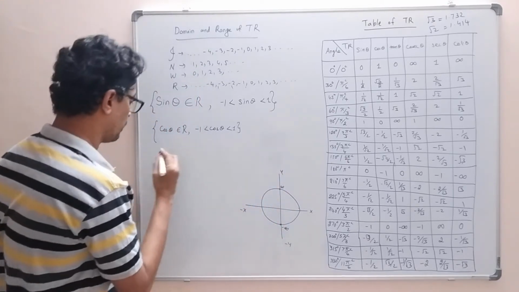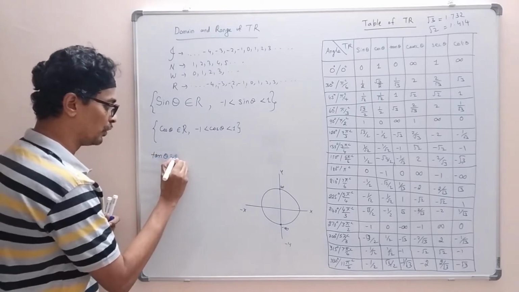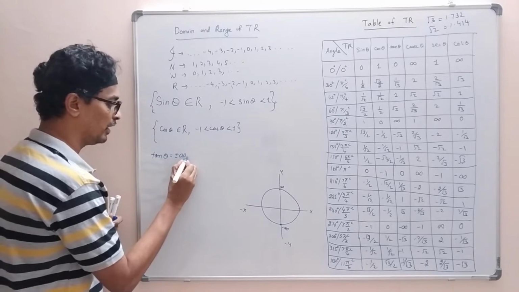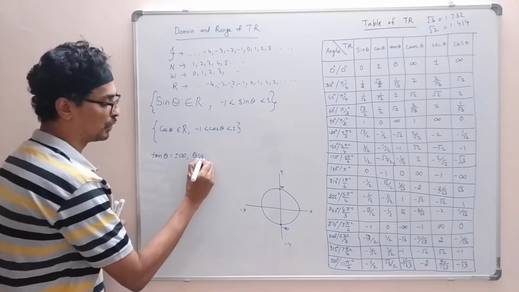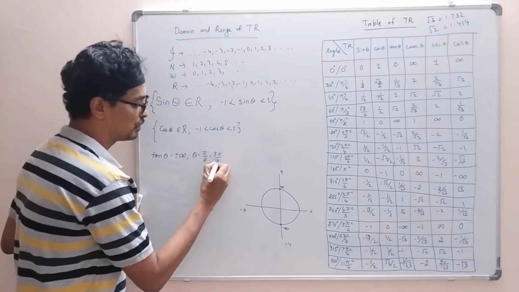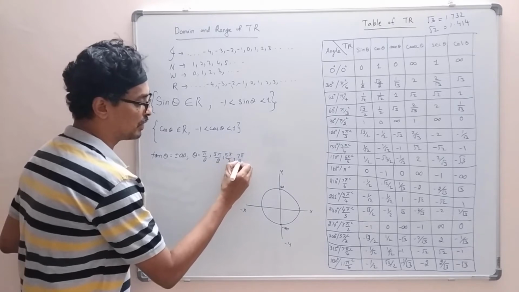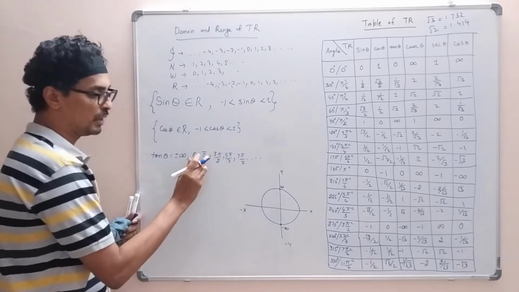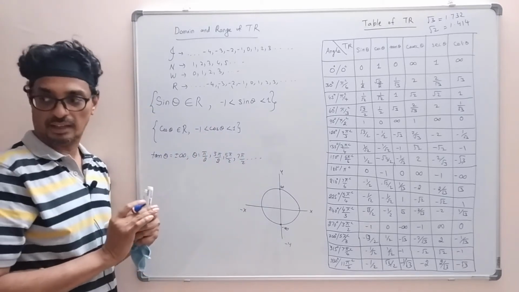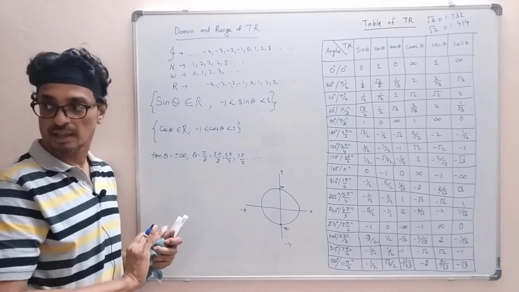So at any odd multiple of pi by 2, tan theta is going to be infinity. In these cases, it is not a real number.